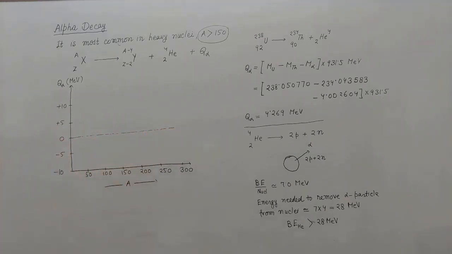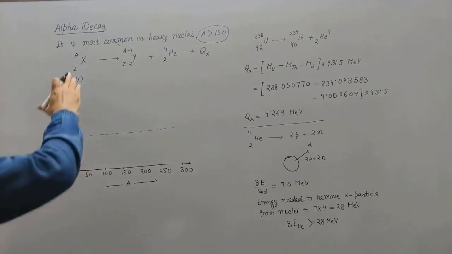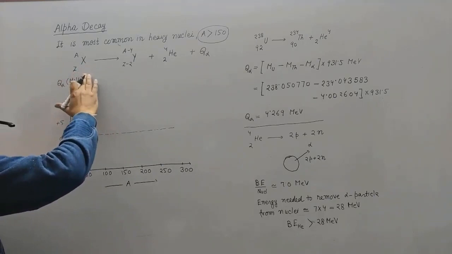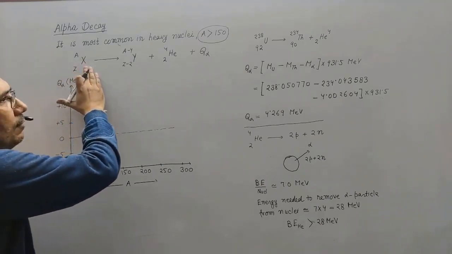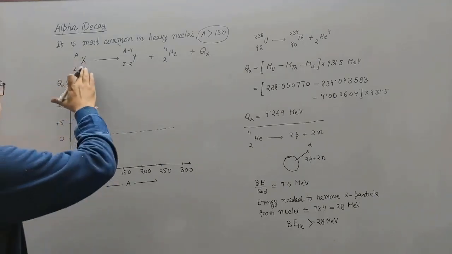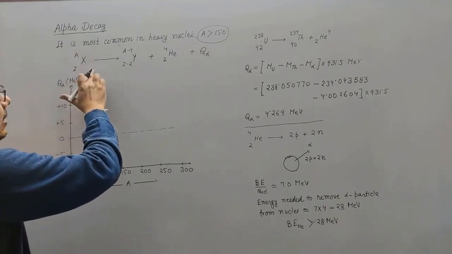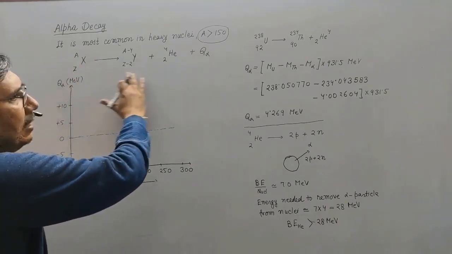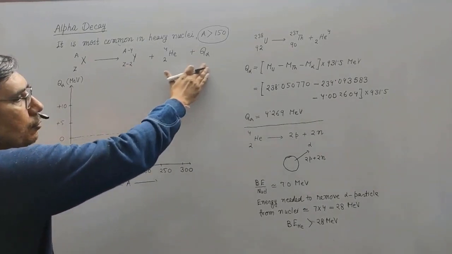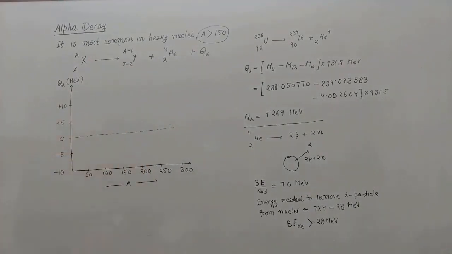Now plot Q alpha for different nuclei. If we take different nuclei on the heavier side, and consider this type of equation and calculate this Q alpha. So what we have to do?